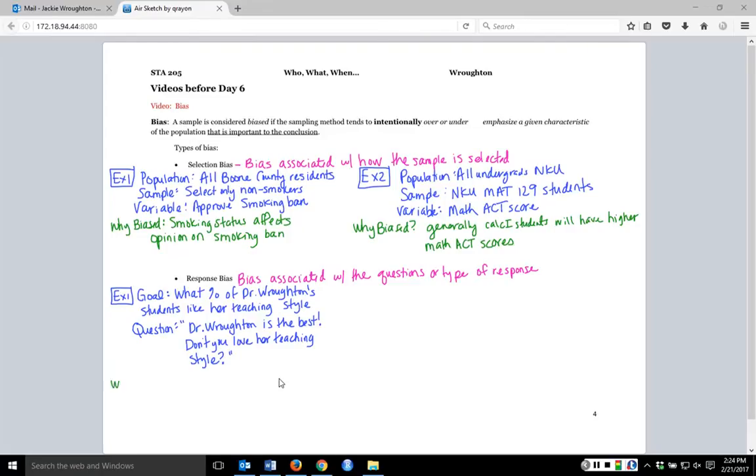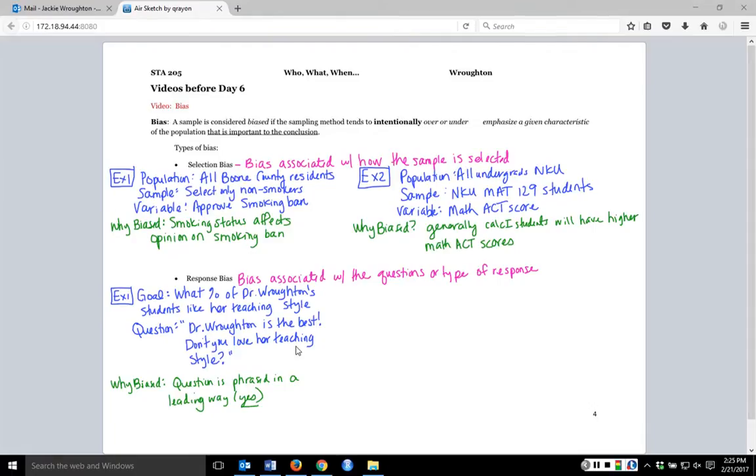So the reason why this is biased is because our question is phrased in a leading way. Right, we're kind of leading them to a yes response. That's not a good way for me to ask a question. That would be biased associated with the question. So it's phrased in a bad way to kind of lead to a certain type of response.